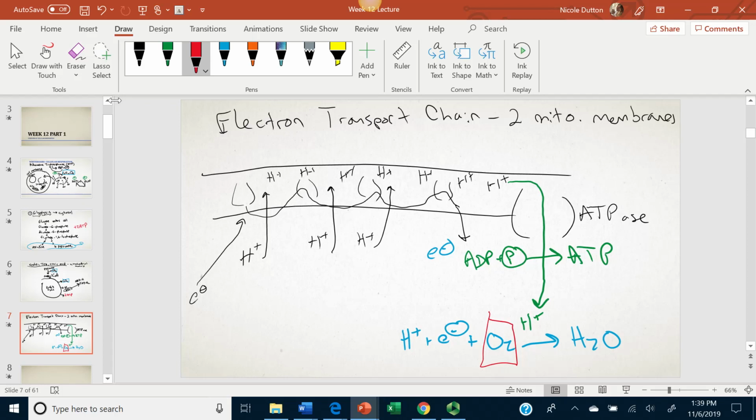Let's say that we didn't take a breath. Let's say that we didn't have oxygen coming in. What would happen is eventually the inside here would be filled up with these hydrogen ions. And hydrogen ions create an acidic environment.